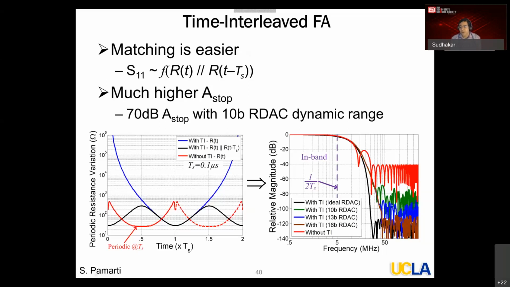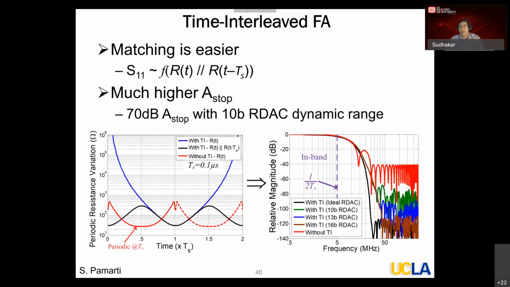Now the blue, the green, and the red correspond to DACs with 16-bit, 13-bit, and 10-bit. The 10-bit itself gives about 80 dB attenuation. And this is just a resistor DAC, so we can do DC calibration to get the target resolution we want.